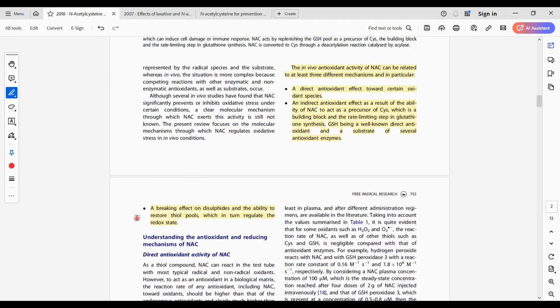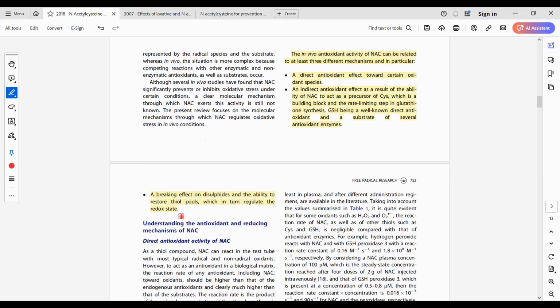The third function by which NAC can act as an antioxidant is by breaking the disulfide bonds. In doing that, not only is it helping the mucus be less viscous, but it's also releasing what are called thiols, which are a class of antioxidants. So by breaking those bonds, it's releasing thiols back to the body to have materials to function in oxidation reduction reactions.